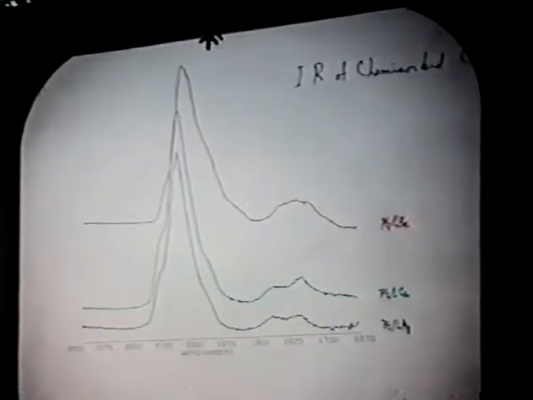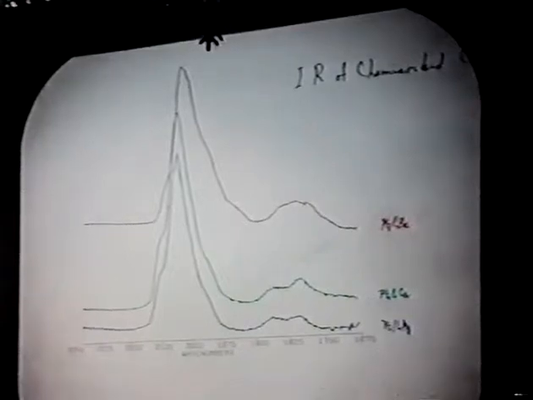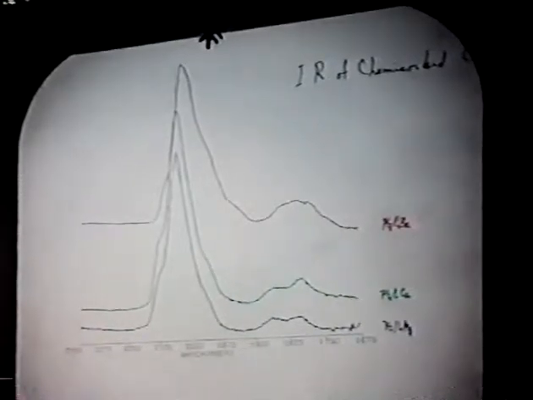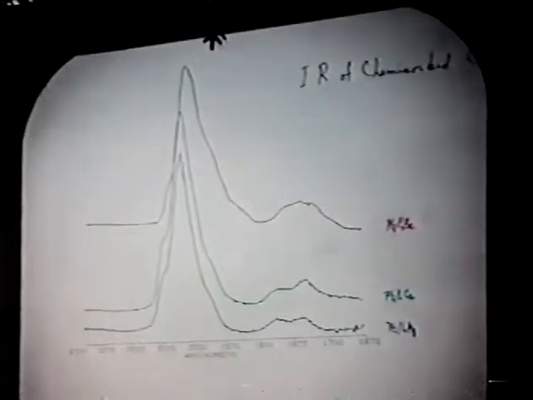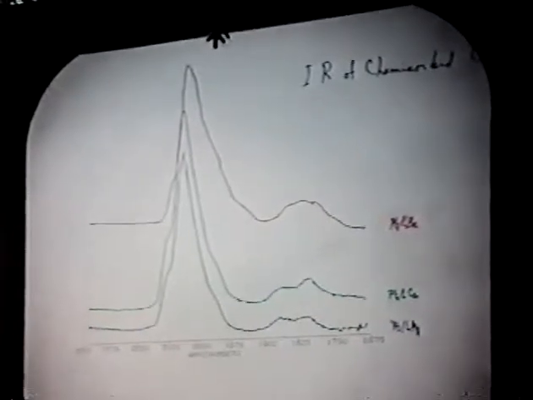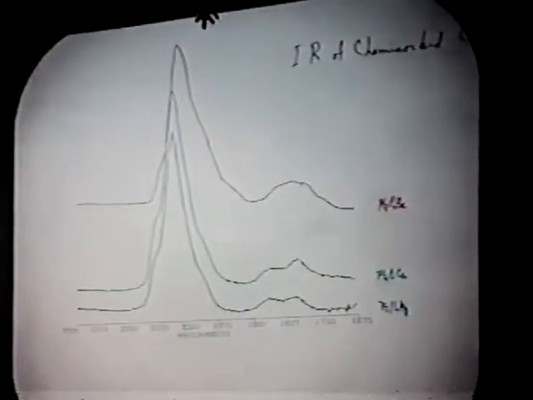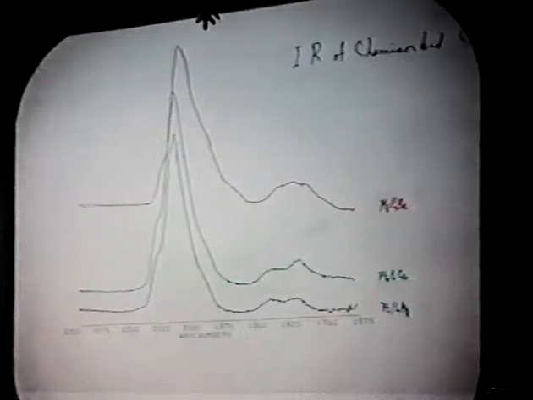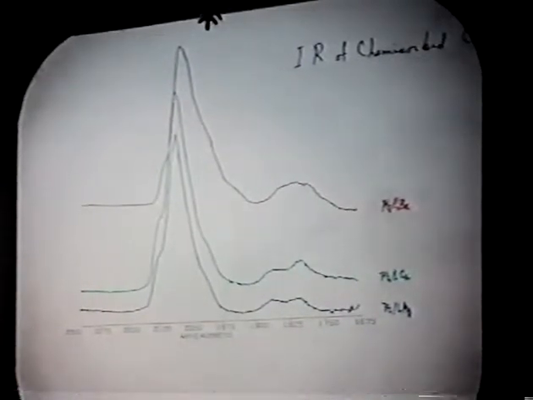The idea would be that if you had a basic support, the basic support would sort of transfer electron charge to the platinum particle, which would be electron rich. You would get more back bonding to the chemisorbed CO. That would then cause frequency shifts in the carbon-oxygen stretching frequency towards lower wave numbers.